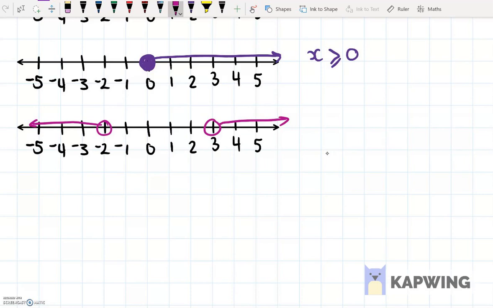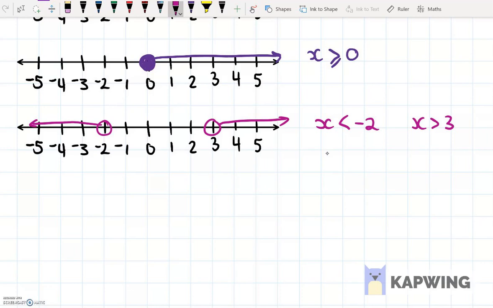Okay, so we have to look a little bit more carefully at this one because x is from -2, so x, and we have -2, and in this case it's less than -2. Okay, so x is all values lower than -2. It's also all values greater than 3.